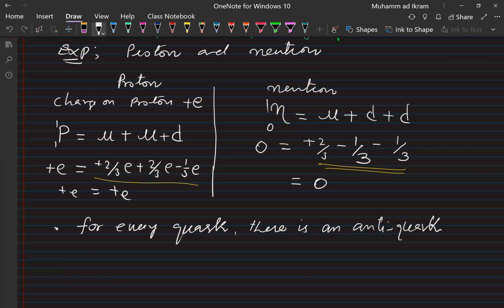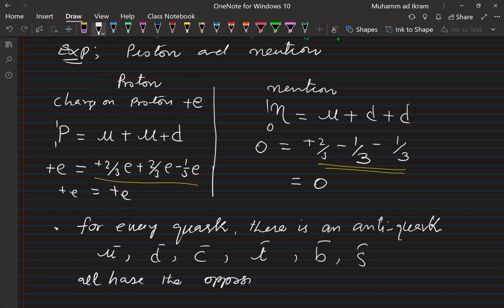For example, the up quark has its anti-up quark, and likewise the anti-down quark, the anti-charm quark, the anti-top quark, the anti-bottom quark, and the anti-strange quark, right? They all have the opposite charge.